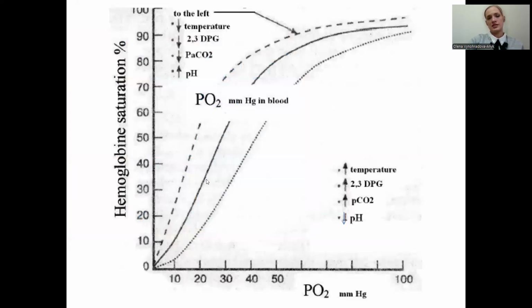On the graph of dissociation, I told you that there are situations when this curve of dissociation shifts to the right side or to the left side. If we are talking about shifting to the right side, it means that hemoglobin dissociation happens more quickly, faster.